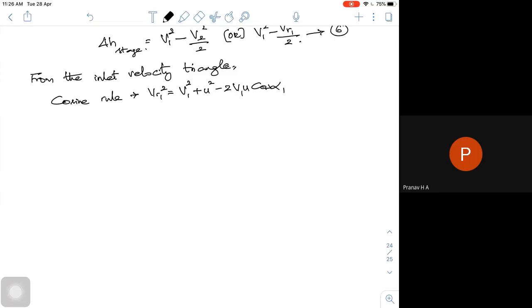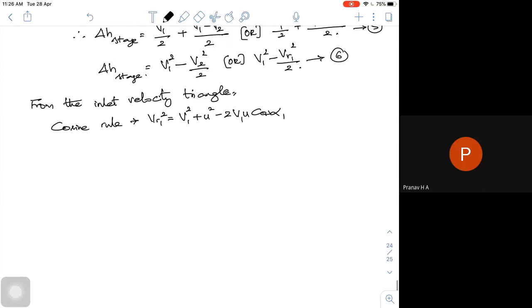Okay. Now what is delta H per stage? I will substitute for VR1. If I call this 7, here VR1 is equal to V2, so I can write in terms of VR1 or in terms of V2.